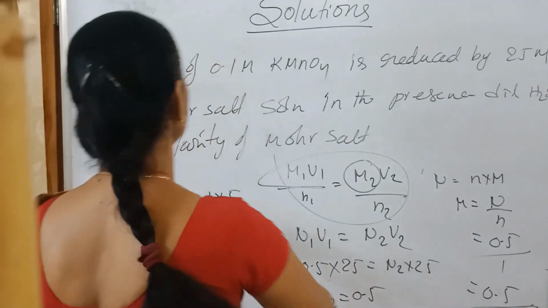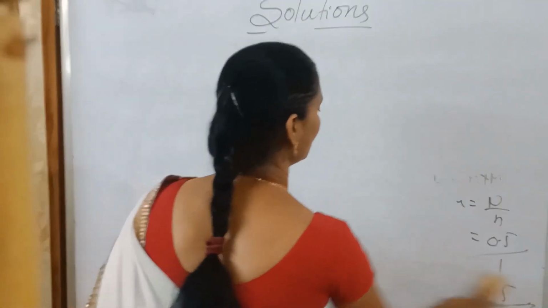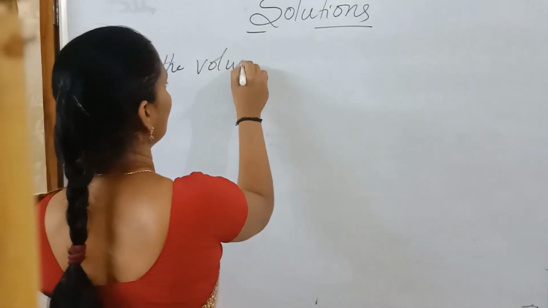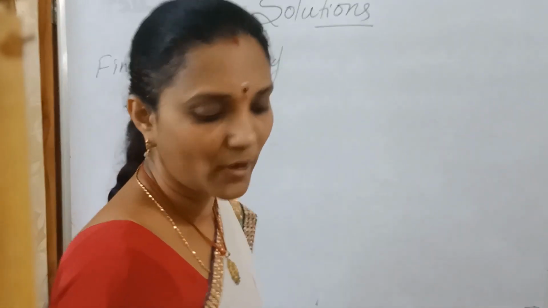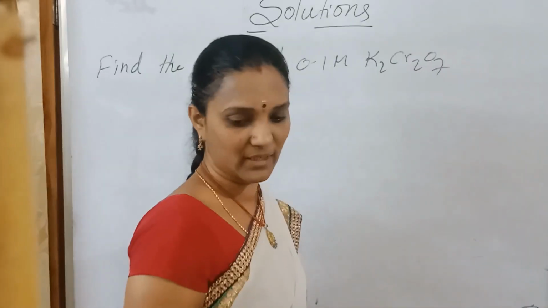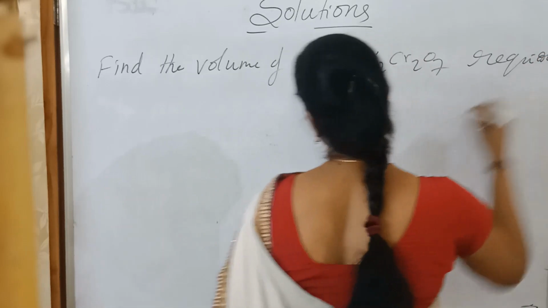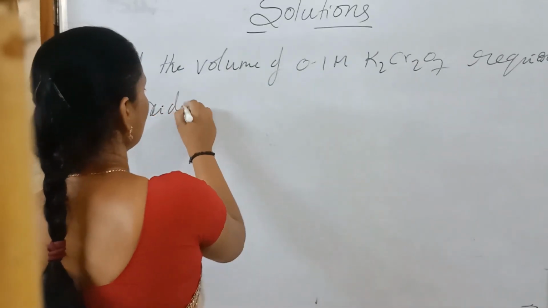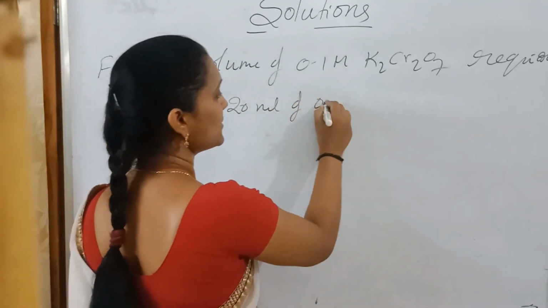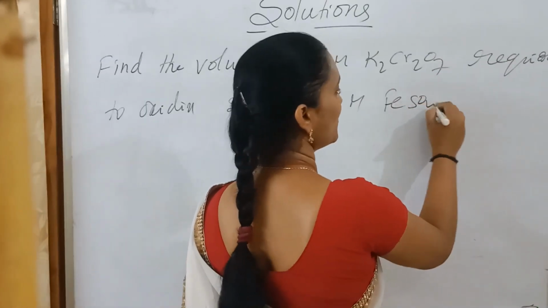Find the volume of 0.1 M K2Cr2O7 potassium dichromate solution required to oxidize 20 ml of 0.6 molar ferrous sulfate FeSO4 solution.